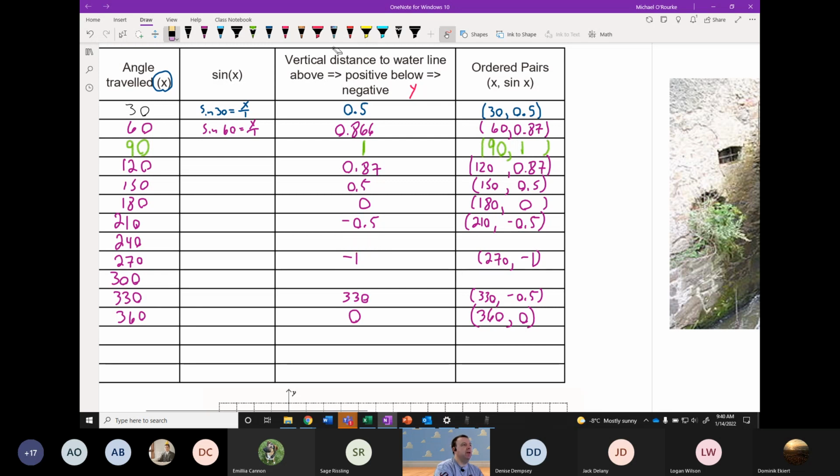Good, Owen, I will agree with you, but disagree with you. What are you missing on that? Negative, good. And then this one would be negative 0.87 as well.